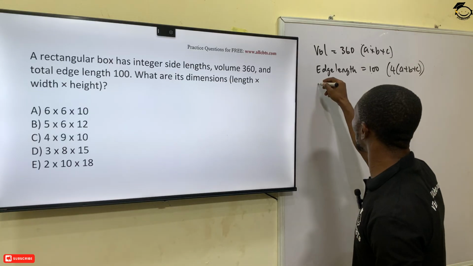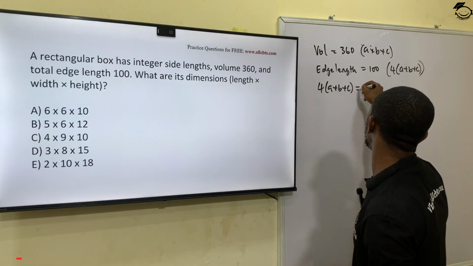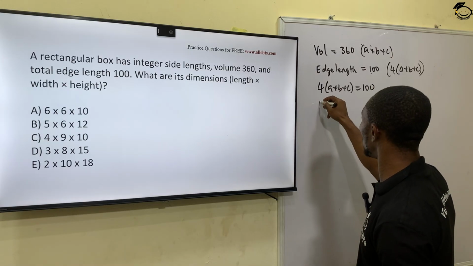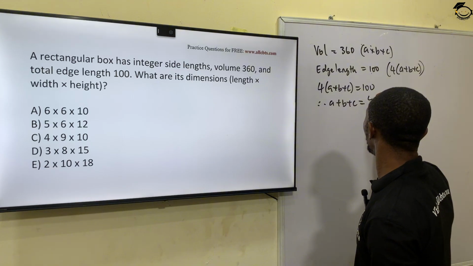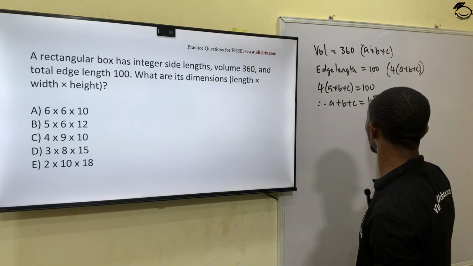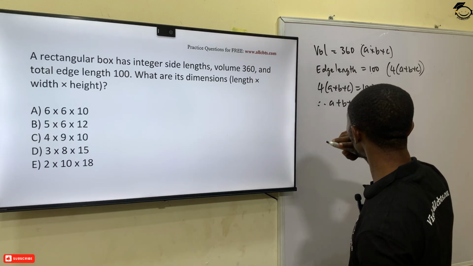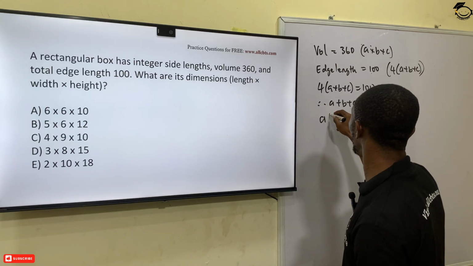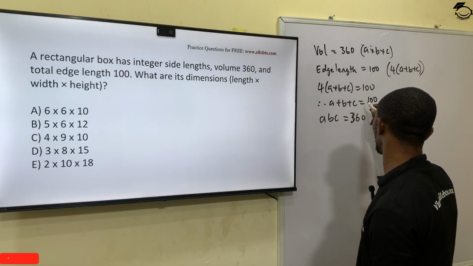From here, we know that our edge length 4 brackets A plus B plus C equals 100. That means A plus B plus C will give us 100 divided by 4, which is 25. And our volume ABC equals 360.